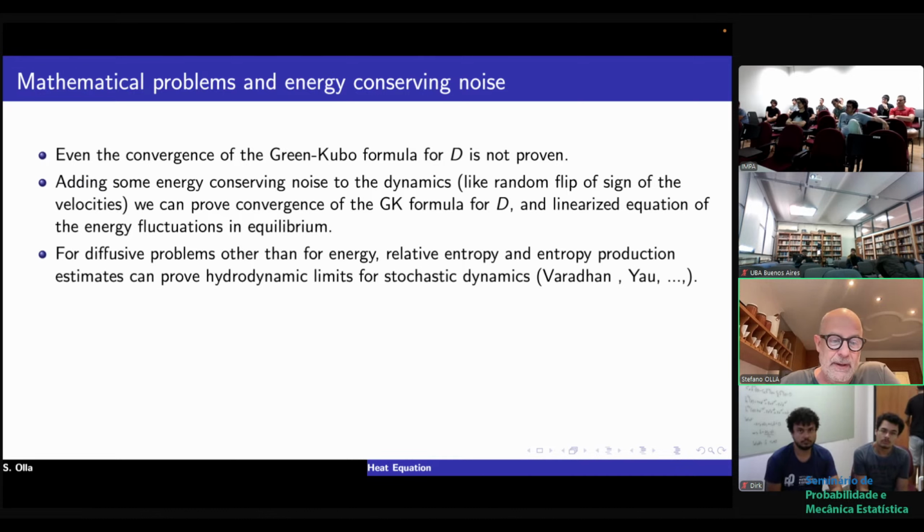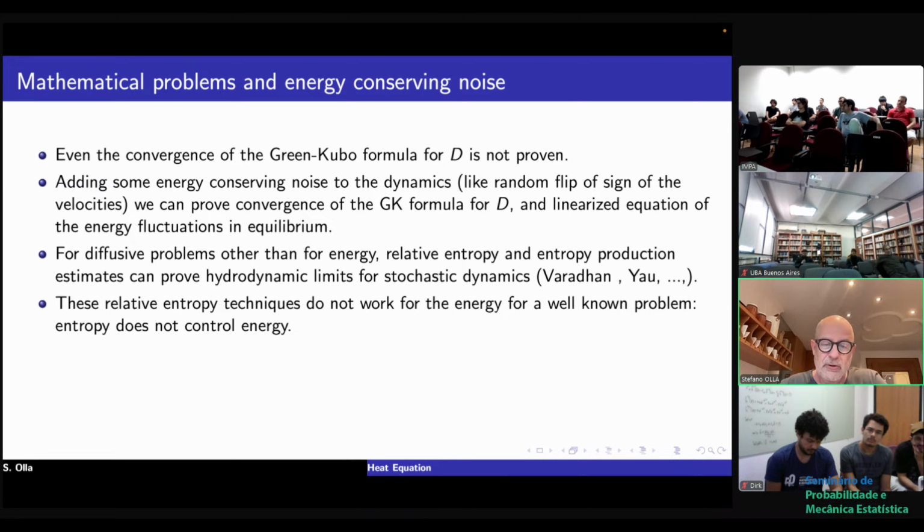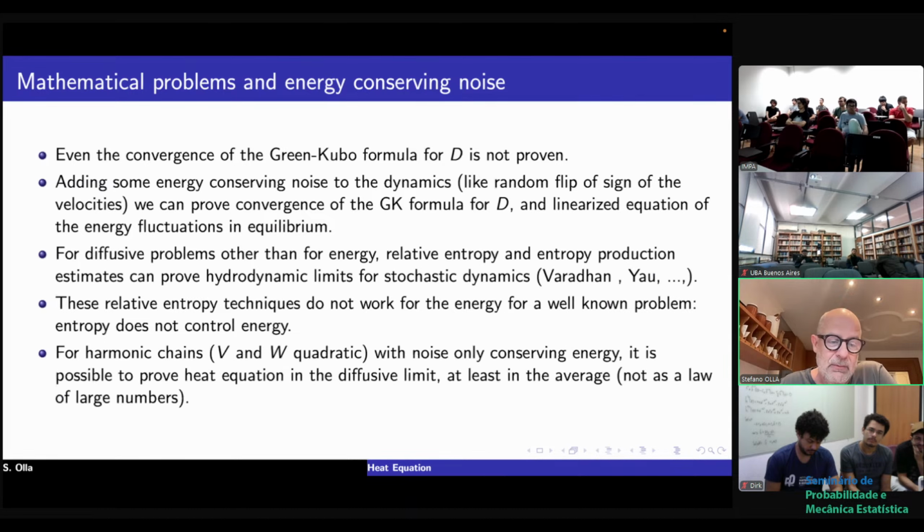These relative entropy techniques, though, do not work for the energy. When you want to study hydrodynamic limits for the energy, the entropy is useless. The reason is that the entropy does not control the energy. You get entropy bounds, and these entropy bounds are useless to control the evolution of the energy in the hydrodynamic limit. I'm not going inside that.